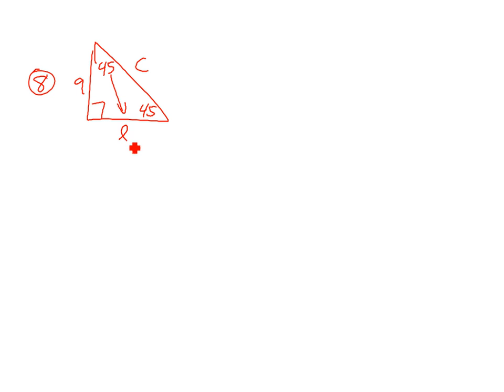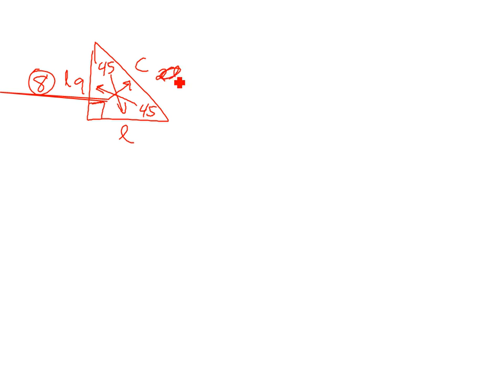Number 8, they give us this triangle. It's a 45, 45, 90 triangle. This side's 9, this side's C. The side across from the 45-degree angle is labeled L. Side across from the other 45-degree angle is labeled L. Side across from the right angle is 2L.